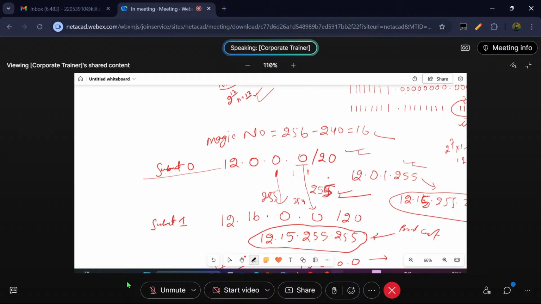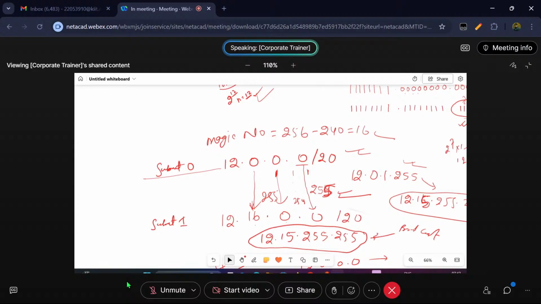After this, here you can see 12.0.0.0. If you add 16 in this octet, you will get 12.16.0.0, like someone adding 16 in this octet while keeping the other octets fixed.